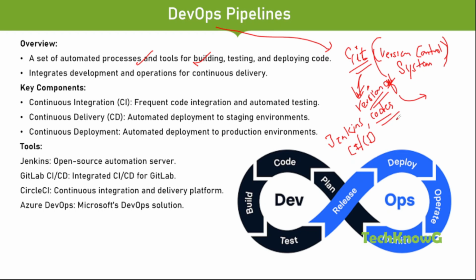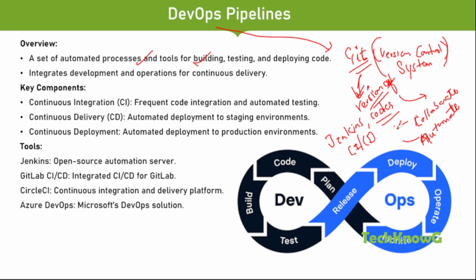Similar to Jenkins, we have TeamCity, Azure DevOps, and in AWS we have CodeBuild. So we have multiple DevOps tools, and the importance of these tools is to collaborate and automate. These are the two aims of DevOps.